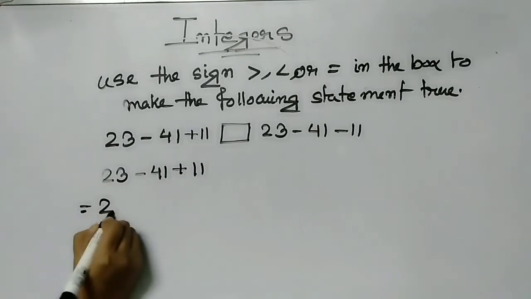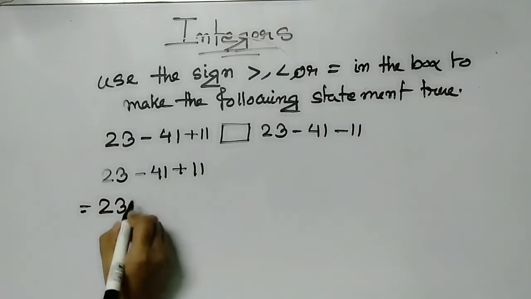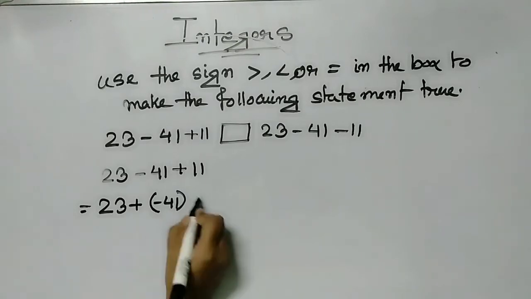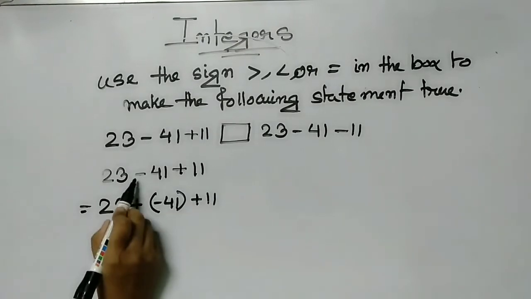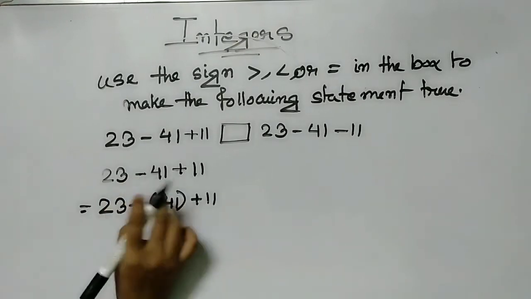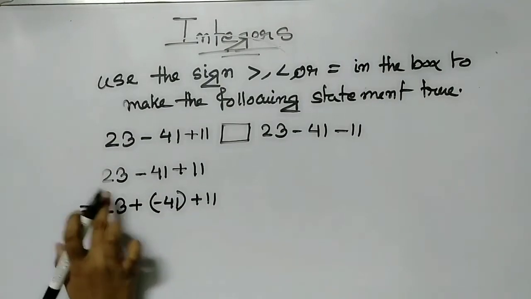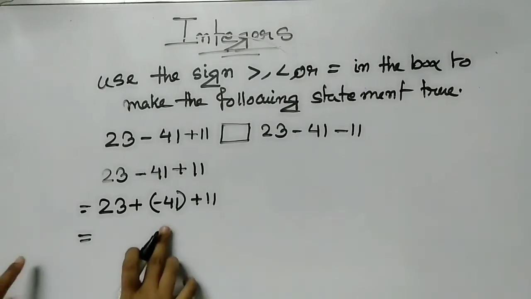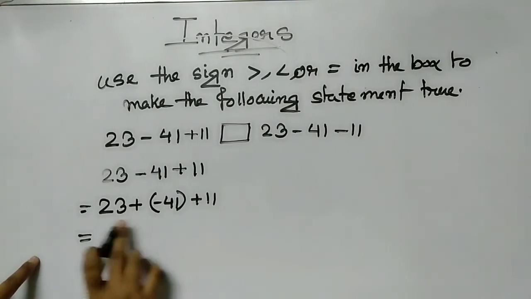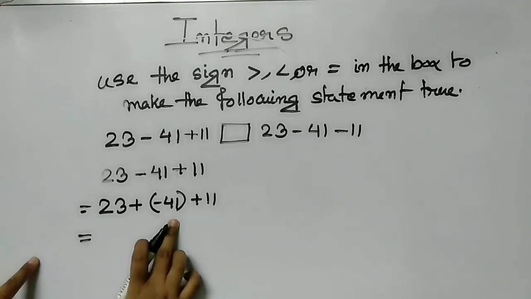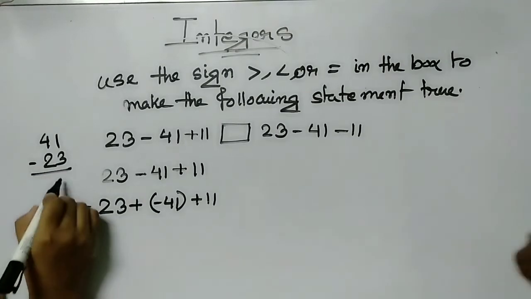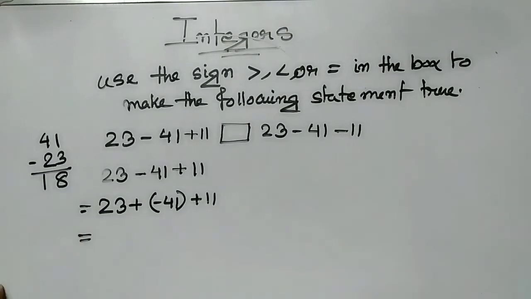See, 23 minus 41, this means 23 plus minus 41 plus 11, because minus is the sign of 41. So we have to add 23 and minus 41. So follow the same rule. Now we have to subtract 23 from 41. So 41 minus 23, 18.